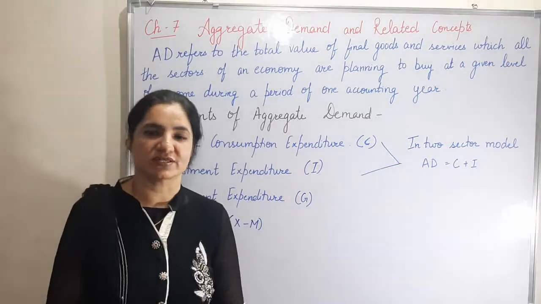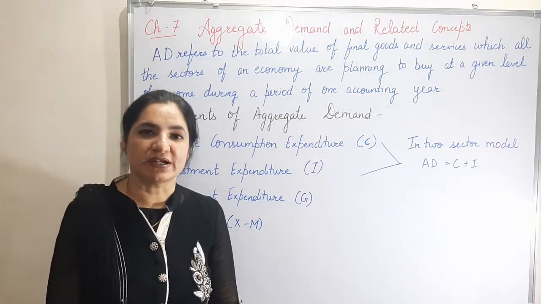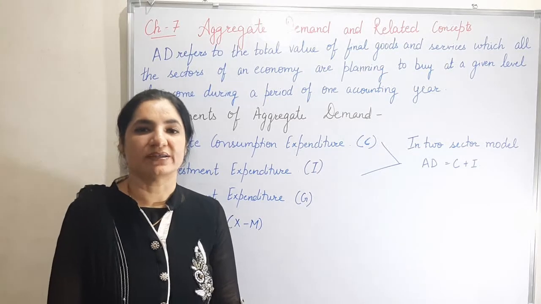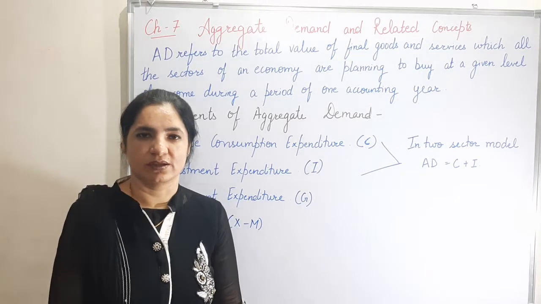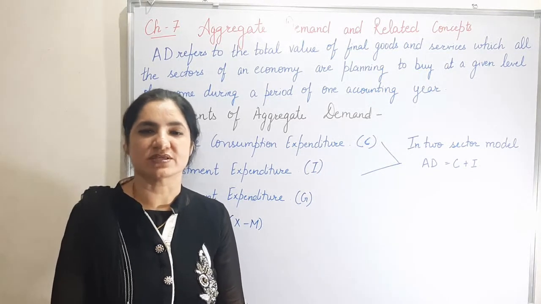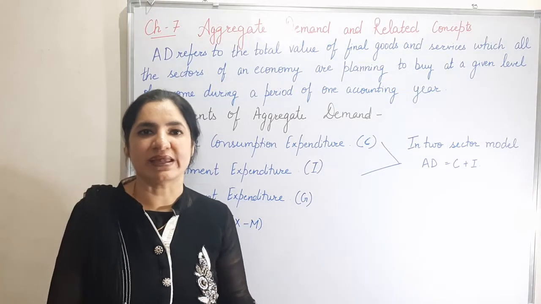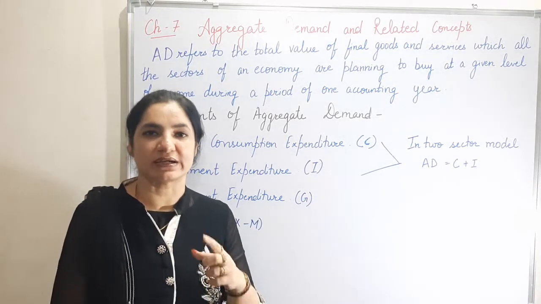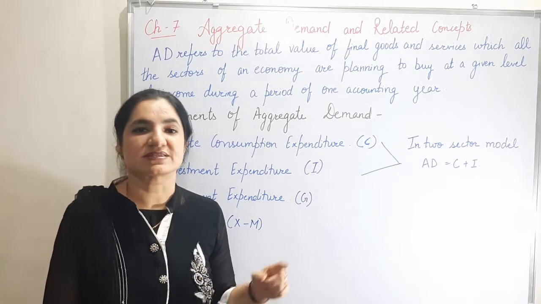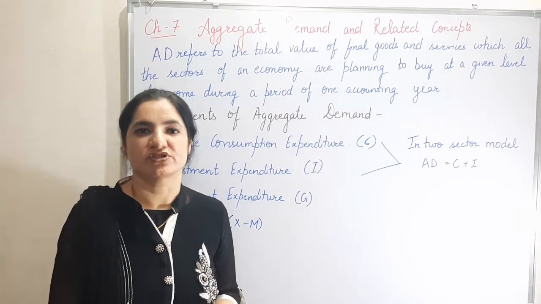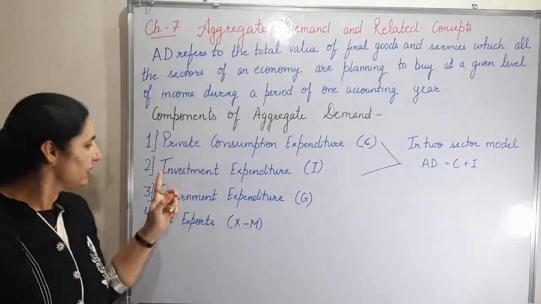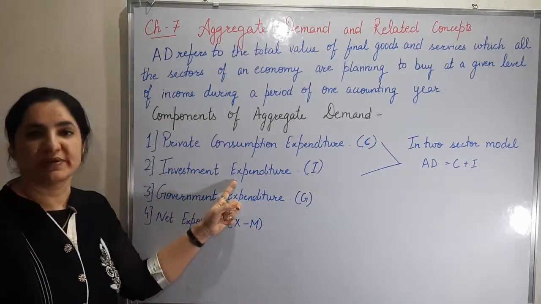Private consumption expenditure means the expenditure which is done by the household sector on various goods and services which they are buying. But again I will mention, this is the planned expenditure which they will do. Second is investment expenditure.